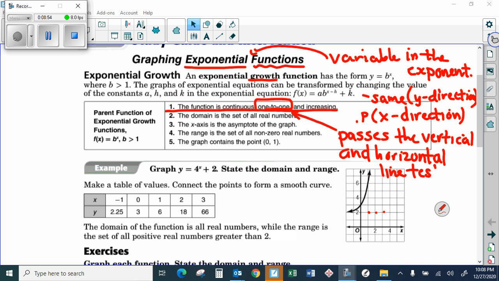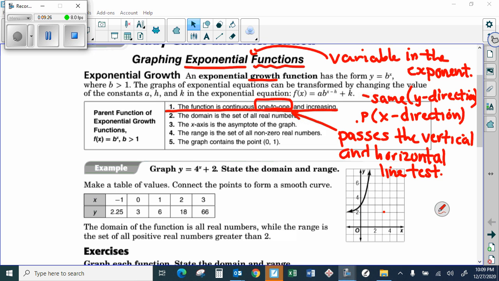Okay, so this might be the first time you've ever heard of 1-to-1. It must pass the horizontal and vertical line test. So far, with functions we've only talked about passing the vertical line test. Well, now you understand it has to pass the horizontal line test too in order for something to be 1-to-1. So when I graph this, it also will pass the horizontal line test. It'll only cross one time on any horizontal line I draw. And it only passes one time on every vertical line for the vertical line test. So if that's the case, then it's called 1-to-1.